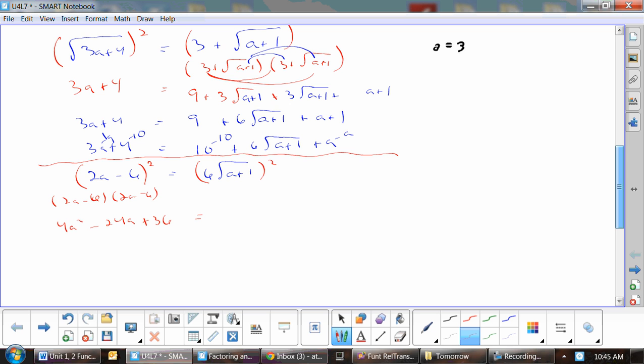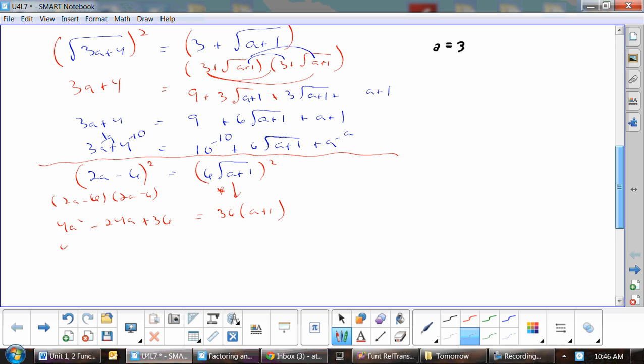Equals 36. And then I would just do a bracket a plus 1, because that 6 is multiplied to all of that. So make sure it's still multiplying to all of that. This is kind of like an important step, that you don't just go 36a plus 1. So that's actually 36a plus 36 when I multiply that in.